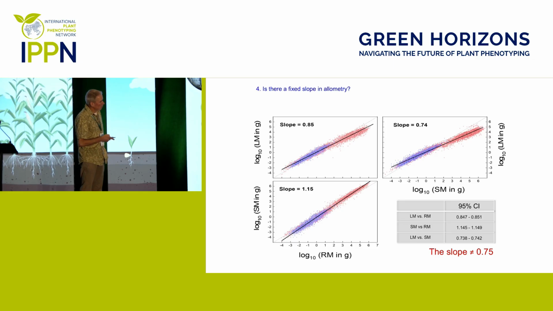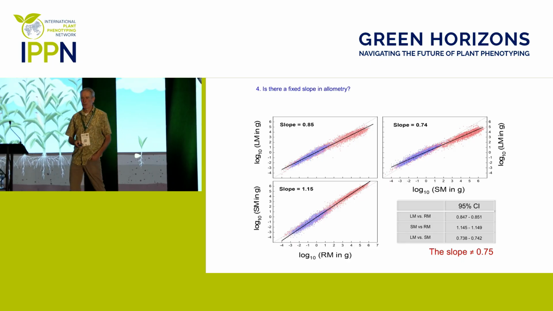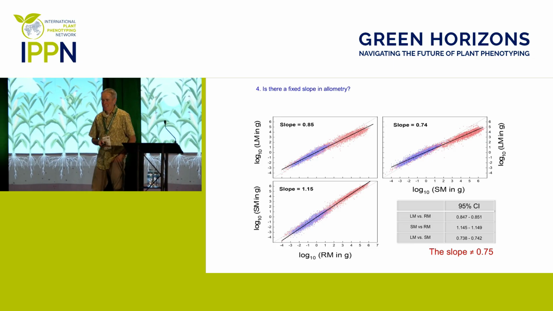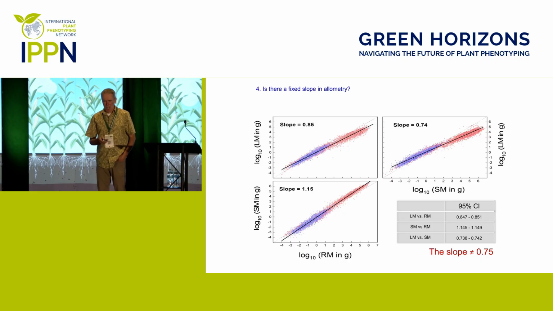For this slope, a value of 1 was expected between the stem and the roots, and that's also not the case. And only in the case of leaf mass versus stem mass, there's a value of 0.74. It's statistically not similar to 0.75, but yeah, okay, you may say it's very close. So maybe the theory of the allometry is still working fine.